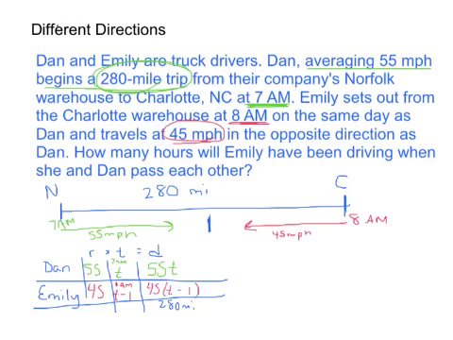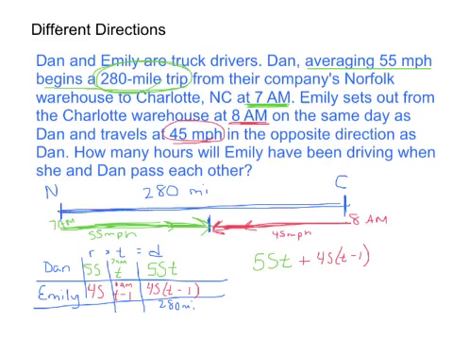Now if I follow these arrows and look at what distances are going to be equivalent, because most of my equations come from distances, I'm going to know that Dan's 55T that he travels, the green arrow here, plus the red arrow, which is this distance of 45 times T minus 1, is going to equal this total distance from Norfolk to Charlotte.